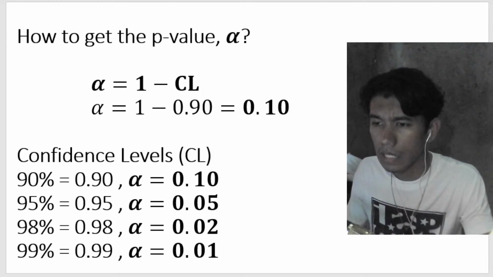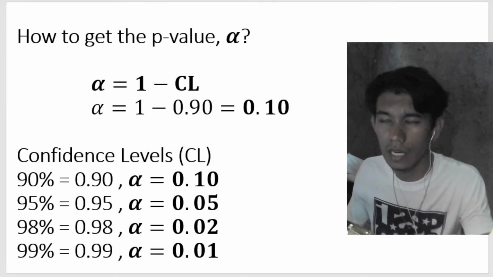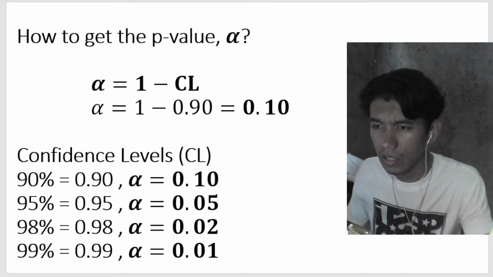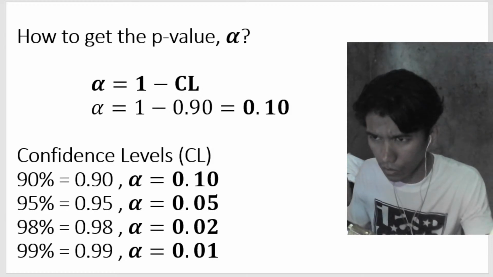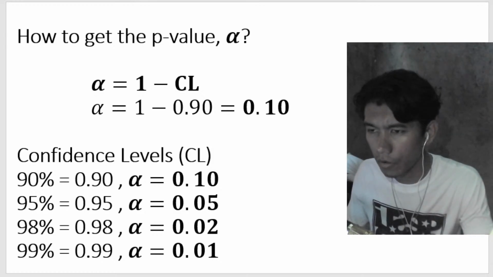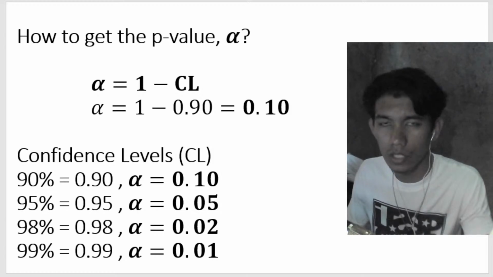Now, by subtracting these values from 1, which is constant in our formula, we get 1 minus 0.90. So when the confidence level is 90%, or 0.9, the p-value is 0.10. When it is 0.95, the p-value is 0.05.